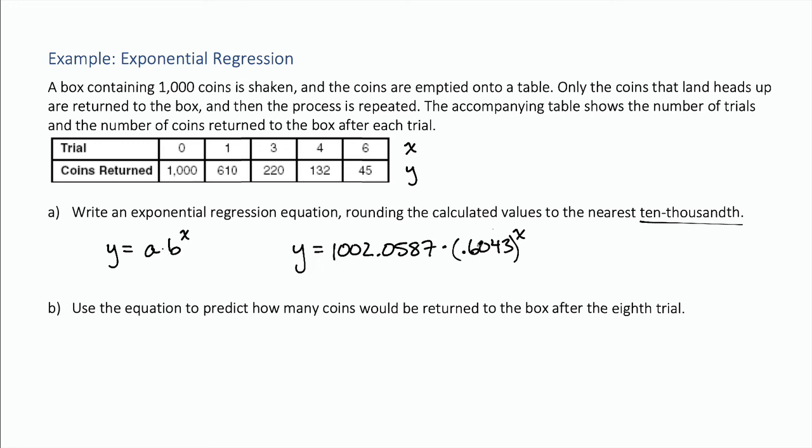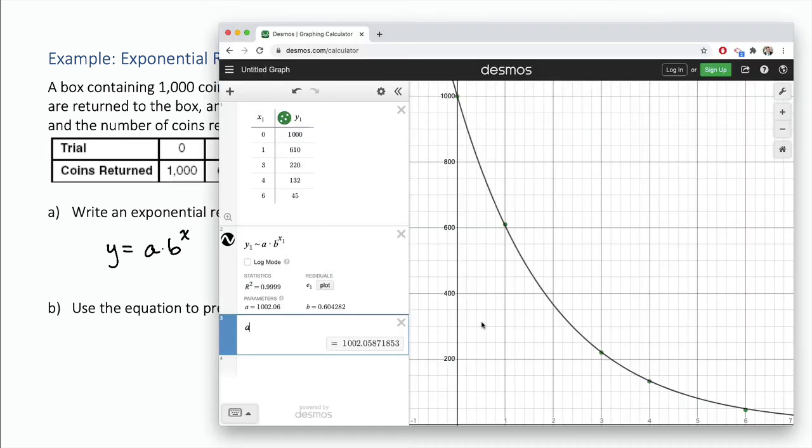Now, use the equation to predict how many coins would be returned to the box after the 8th trial. That just means that x is going to be 8 here. So plugging 8 in, we have 1002.0587 times 0.6043 to the 8. I can type that into my calculator, and in Desmos, it's really nice.